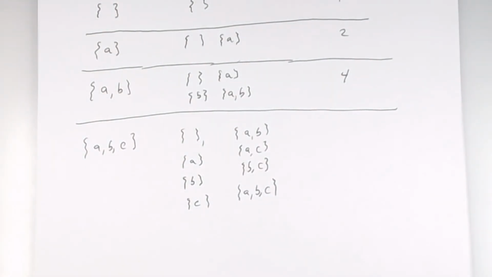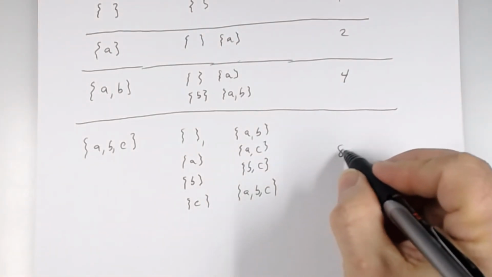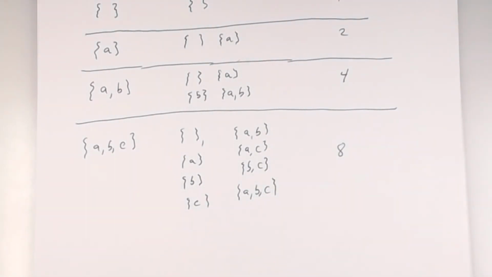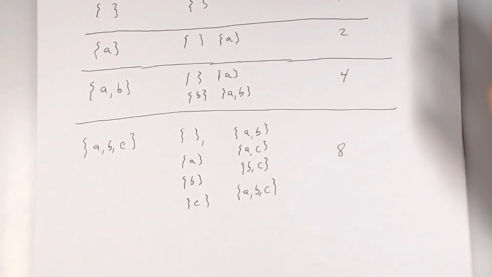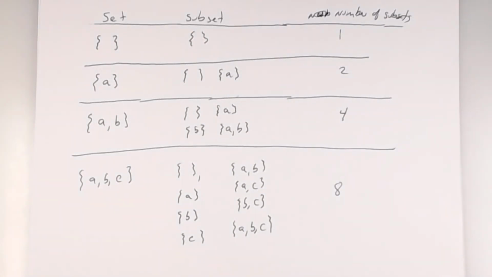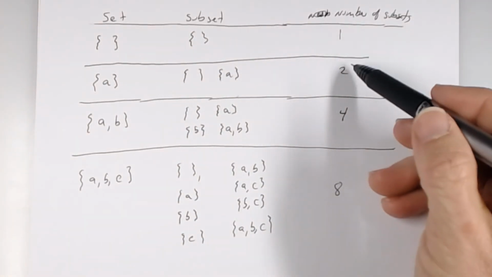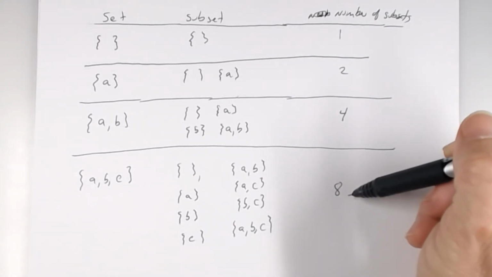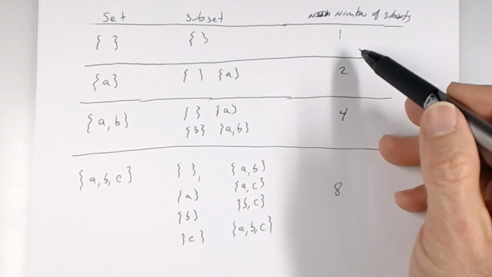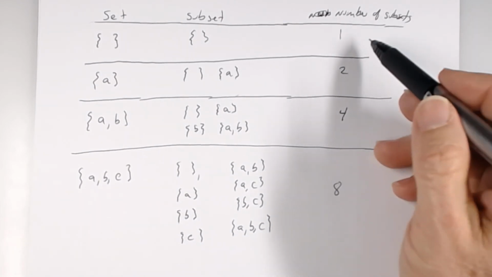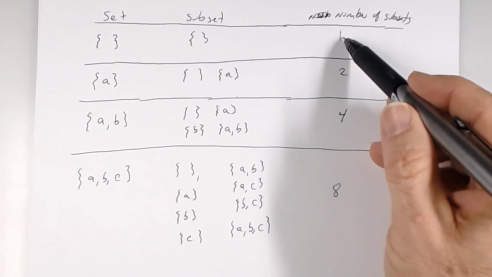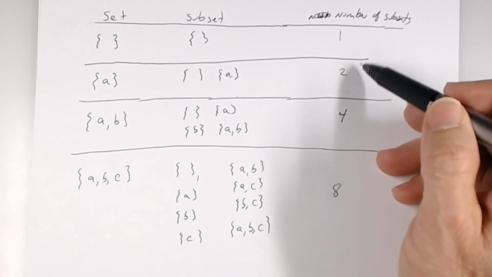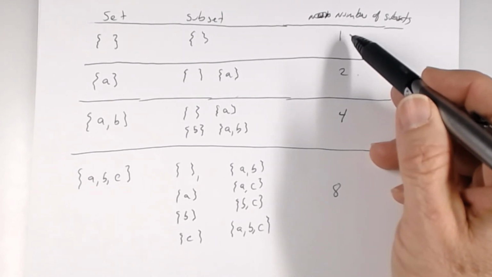So how many are there? 8. Okay. Now, let's look at the pattern here. So see where I have the number of subsets all together? So this one's 1, this one's 2, this one's 4, and this one's 8, right? Okay. So what I want you to notice is that to go from here to here, I multiplied this by what? 2.